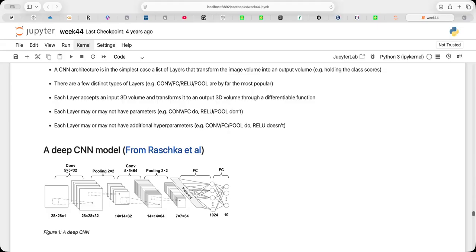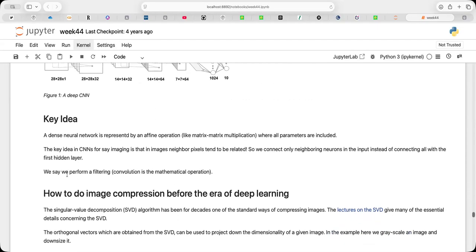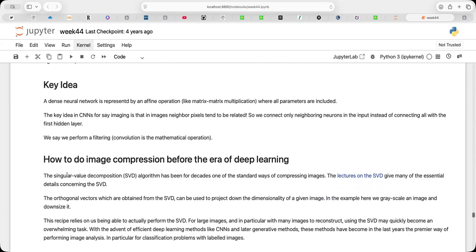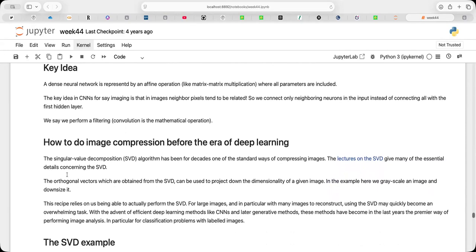Okay, so let's try to look at some of the key ideas here, and then switch to the whiteboard.